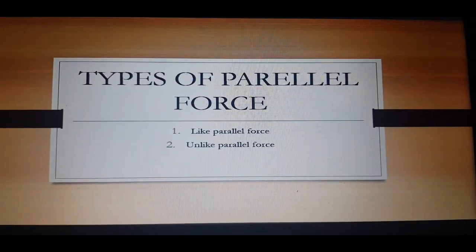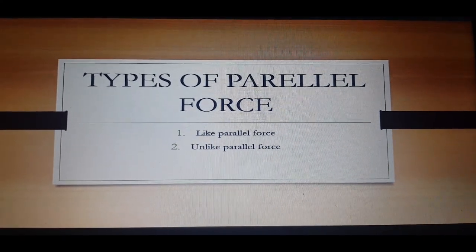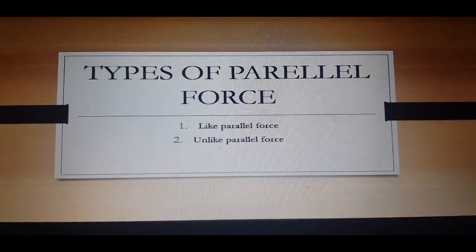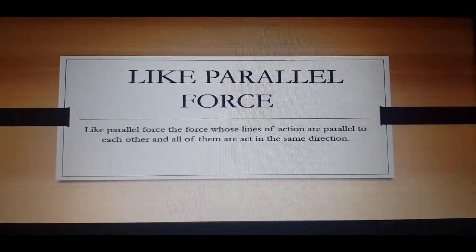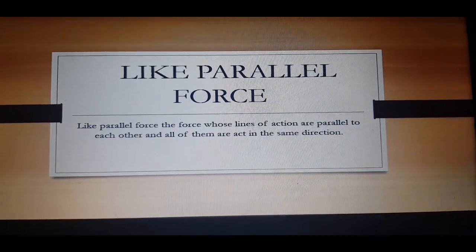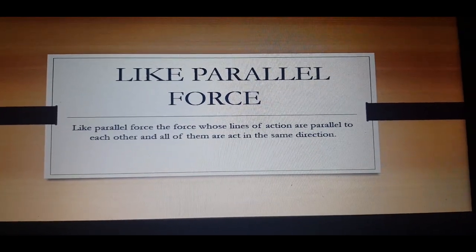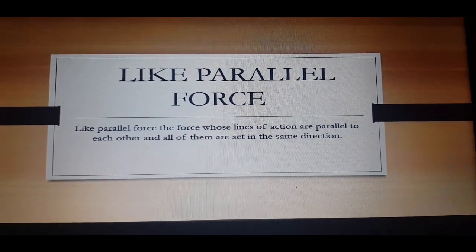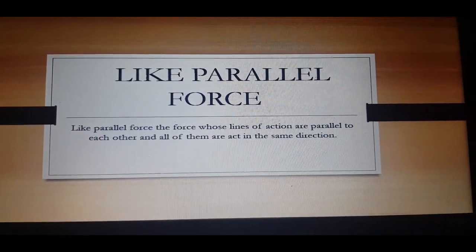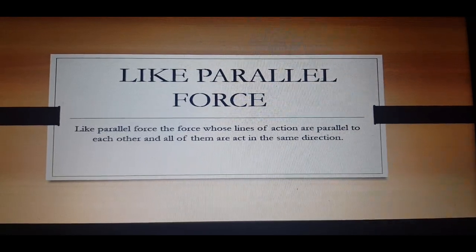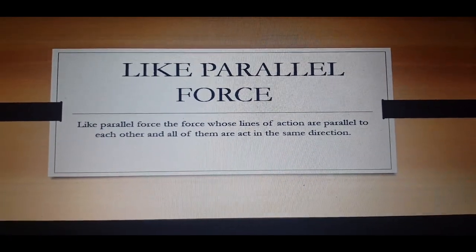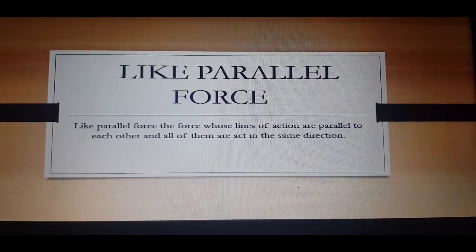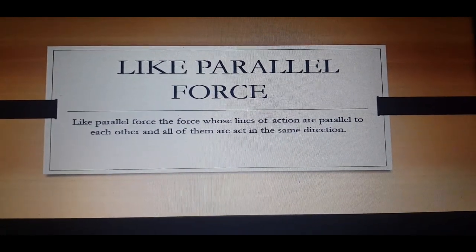So, types of parallel force. We have two types: like parallel force and unlike parallel force. When we say like parallel force, it is a force whose lines of action are parallel to each other and all of them act in the same direction.